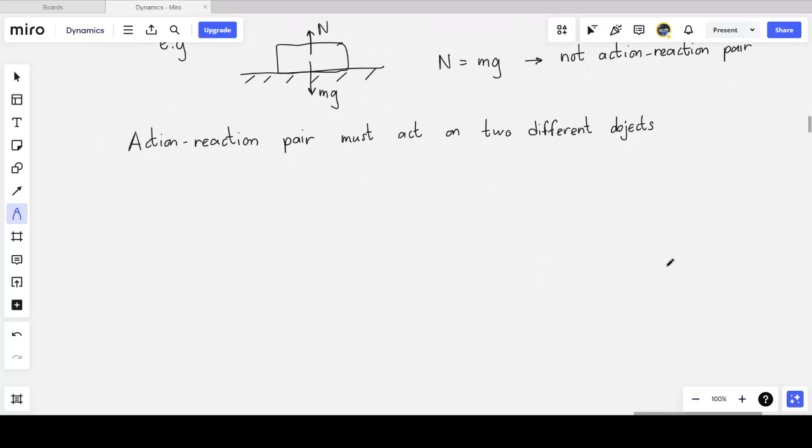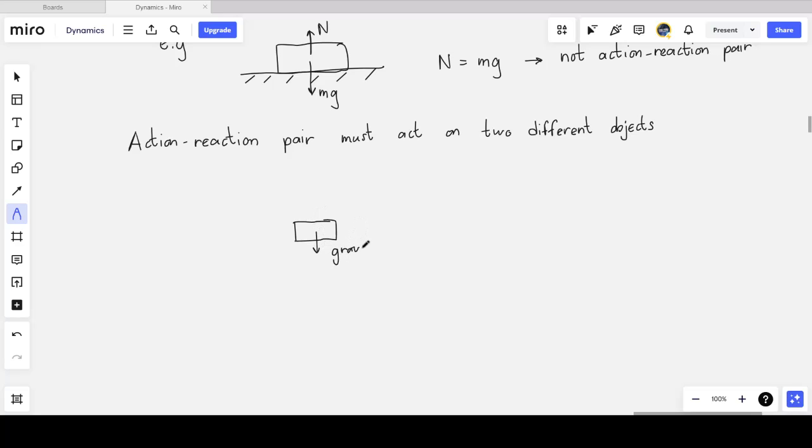Okay, so what's actually happening here? What is the action-reaction pair? Okay, let's just do one pair. There's actually going to be two action-reaction pairs, but let's do one. So I have the box. I'm going to exaggerate the size of the box now, just so it's easy to see. And there's a force acting downward.